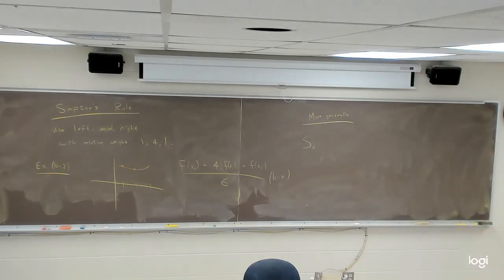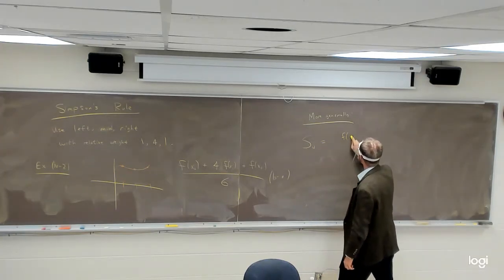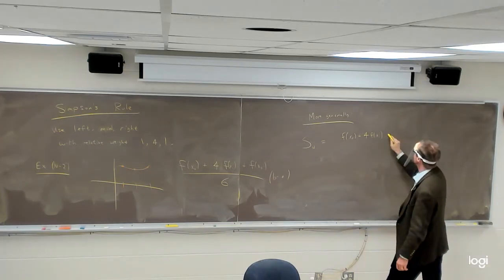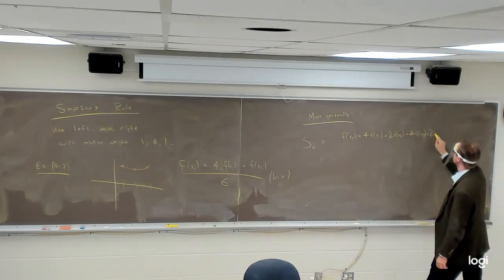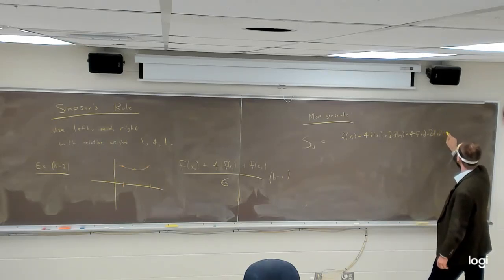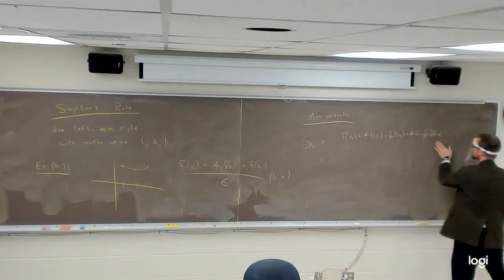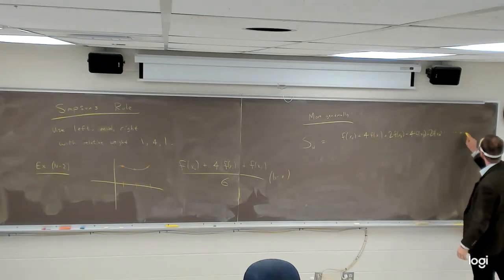Okay, my nth Simpson rule, I'm going to take f at the left plus 4 times f at the first midpoint, plus 2 times the next one, plus 4 times the next one, plus 2 times the next one. Right? Because I think of this as like a 1, 4, 1 that overlaps with a 1, 4, 1 that overlaps with a 1, 4, 1, and then the very last one you don't have the overlap. So your second to last point has a 4, and then your last point just has a 1.